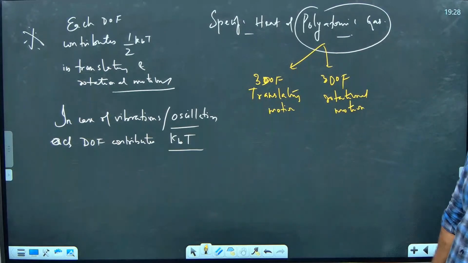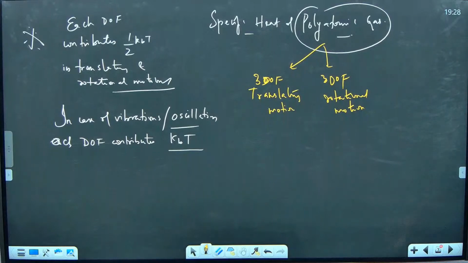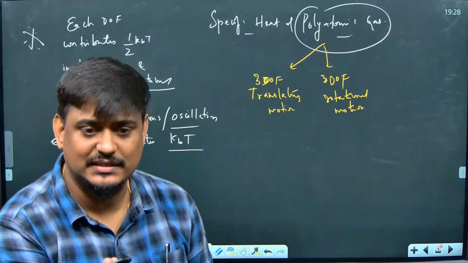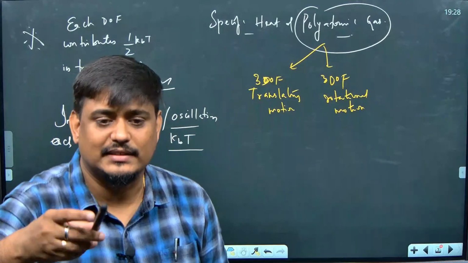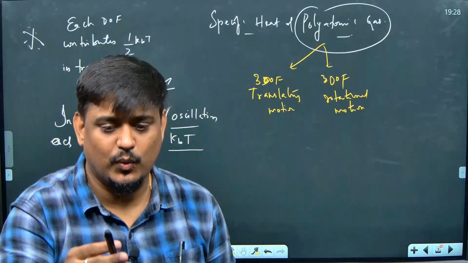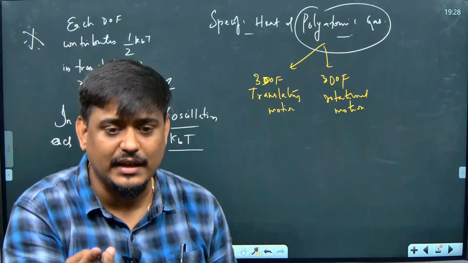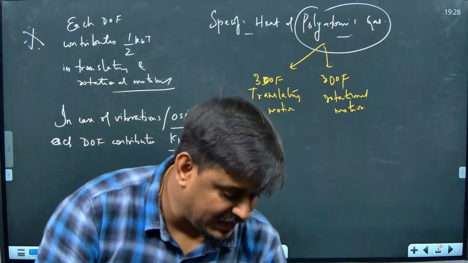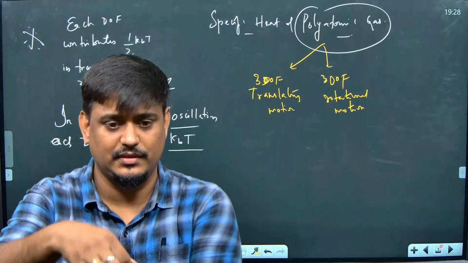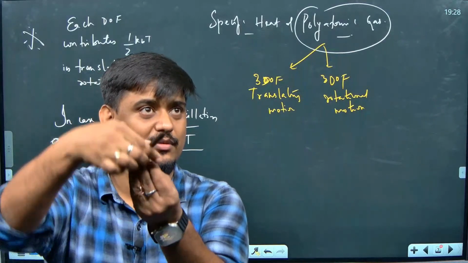Which part? Rotational, how is it 3 degrees of freedom? See, the rotational motion is what? If there is a gas, it has to rotate like this, isn't it? It can rotate like this, or in a third direction. One can be like this, one can be like this, and one can be like this, see, 3 possibilities are there, right? Are you getting? I hope they are able to see, I don't know.